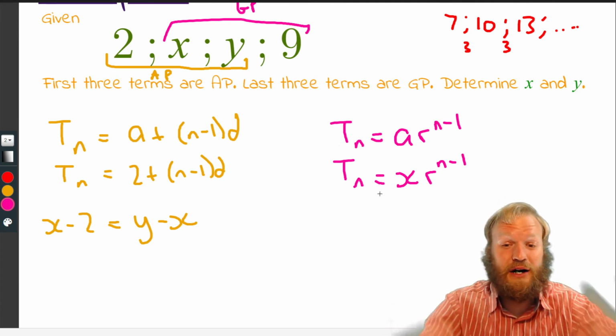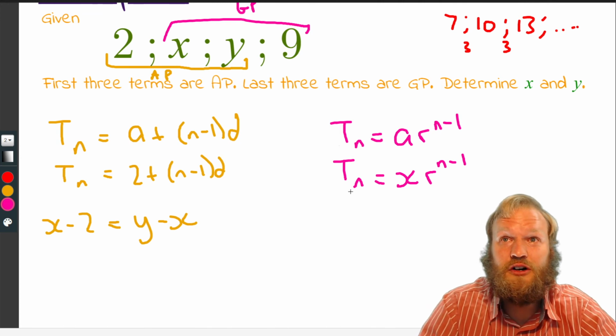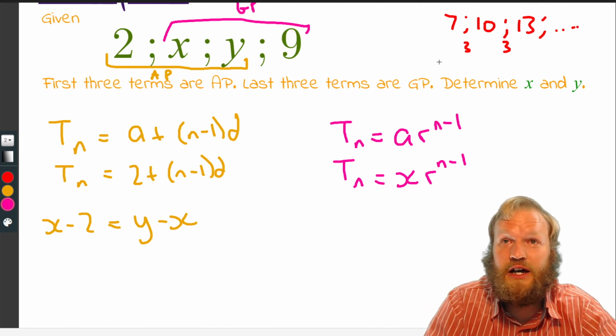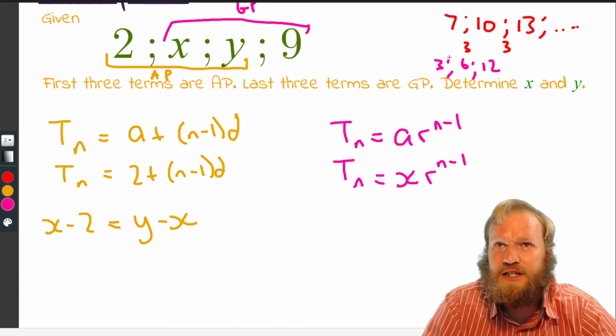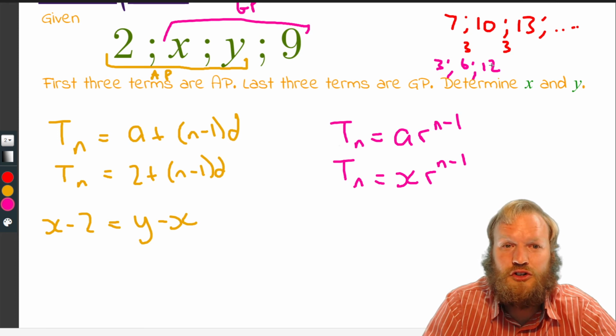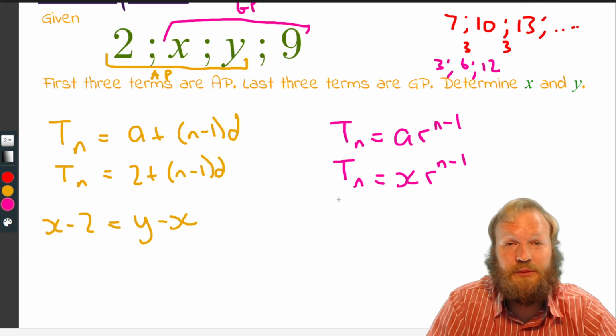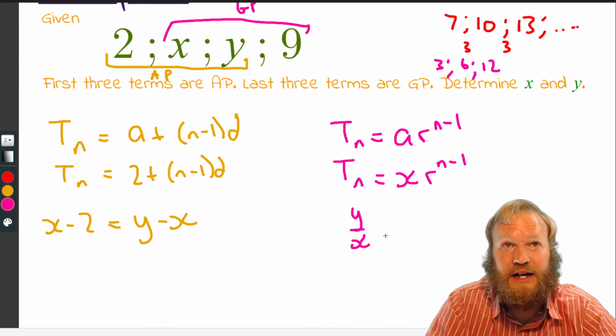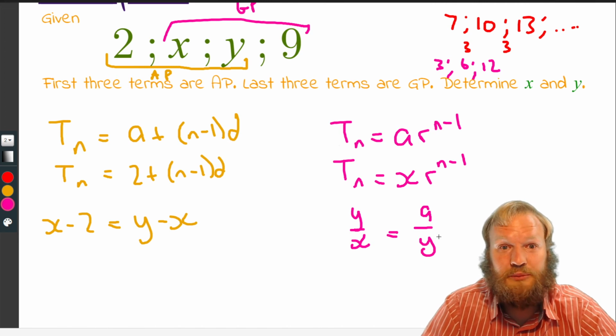Well, we know that they go up by a constant ratio. By way of example, if we had 3, 6, 12, look how it's timesing by 2 each time. So 6 divided by 3 is 2. 12 divided by 6 is 2 as well. So this divided by this, y divided by x, must be the same as 9 divided by y.